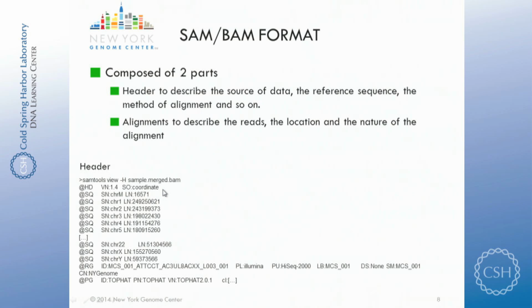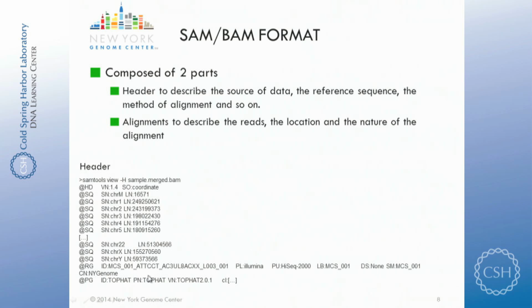But you see here that you have a description of the reference sequence with the chromosomes and the number of nucleotides in the chromosome for that version of the reference sequence. You also have what's called the read group that summarizes some information.